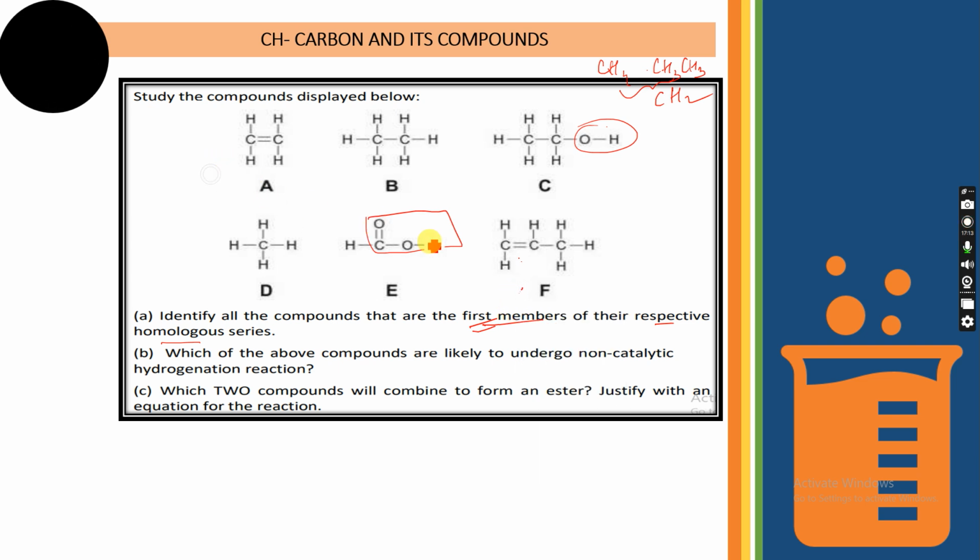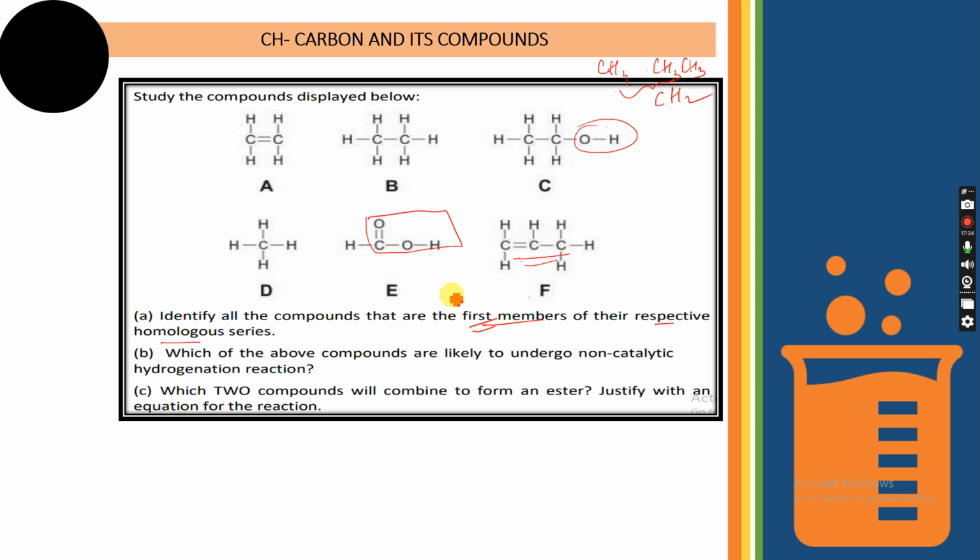Both are alkenes. Now, is this the first member? Yes. Why? Because in the alkene family the starting member is always with 2 carbons. One carbon cannot form an alkene, so it cannot be less than 2. This one has 3 carbons, so it cannot be the first member.